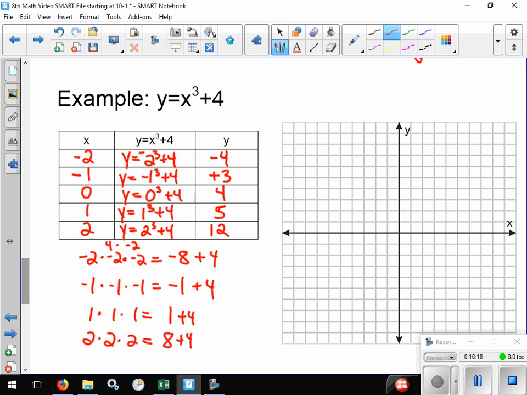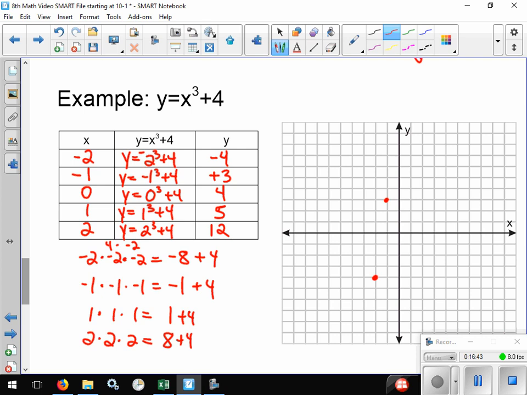So let's graph it. Negative 2, we go left 2 spaces and down 4. 1, 2, 3, 4. And then we go left 1 space and up 3. 1, 2, 3. Okay. Then we're at 0, positive 4. Whoa, that was not right. Try that again.